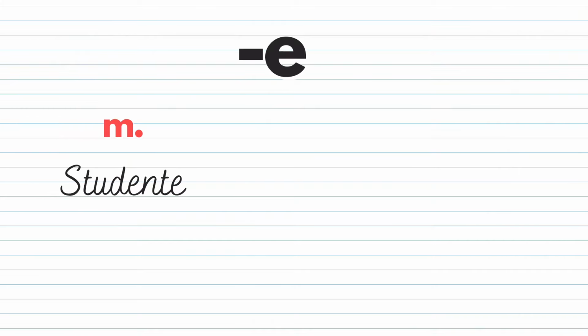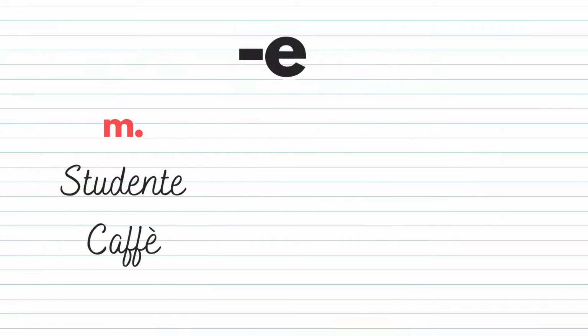But now the problem is for words ending in E in the singular. This is because many words in Italian end in E when they're singular, and they may be both. When I say both, I mean that they may be masculine or feminine. It depends. For example, if you take the word studente, student, that is a male student, because we know that the feminine version of it would be studentessa.